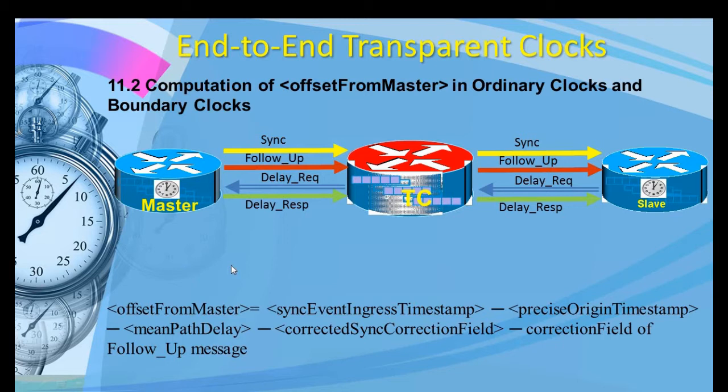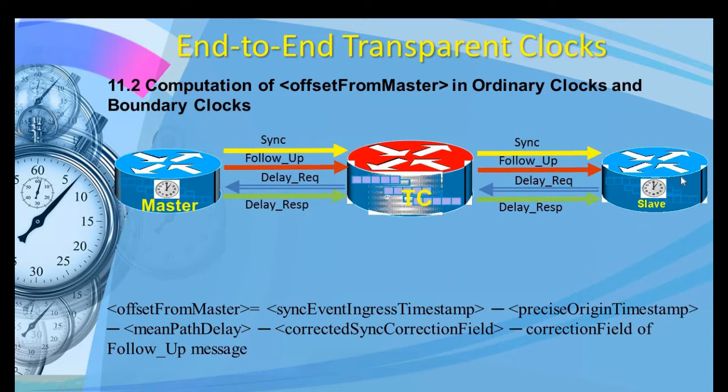For the end-to-end transparent clock, there are different messages used in order to calculate the offset from master. There is a sync message and a follow-up message sent out from the master side, going through the transparent clock, and received on the slave side.